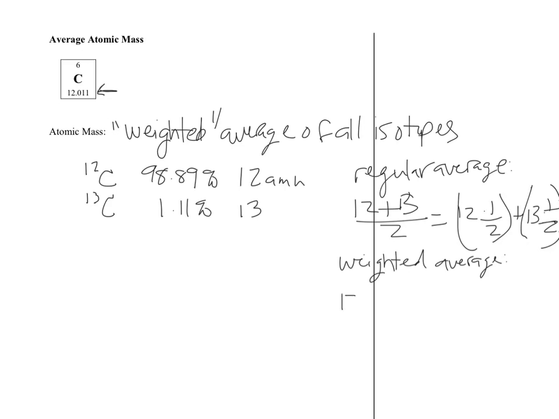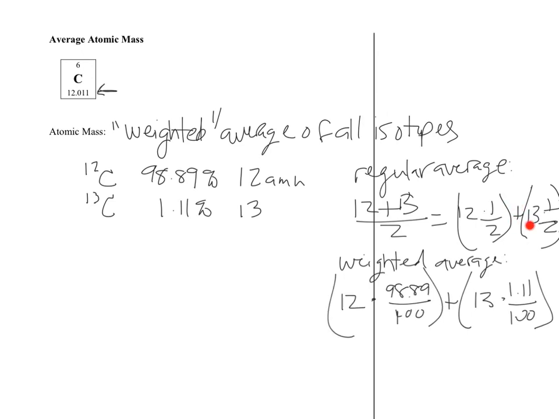So we're going to take 12 times 98.89 out of 100, because that's a percentage, okay? And then we're going to take 13 times 1.11 out of 100, and we add those together in the same way that we would have added them if we were dividing them both by 2.